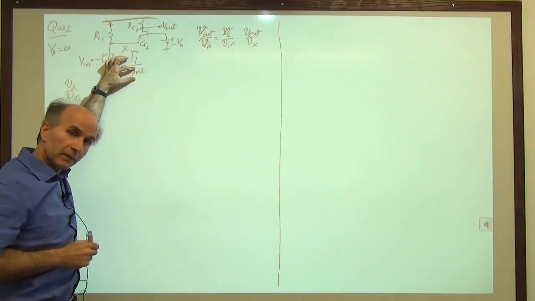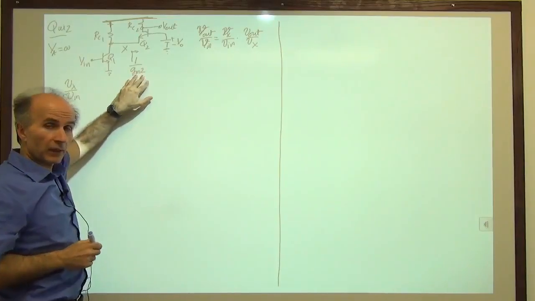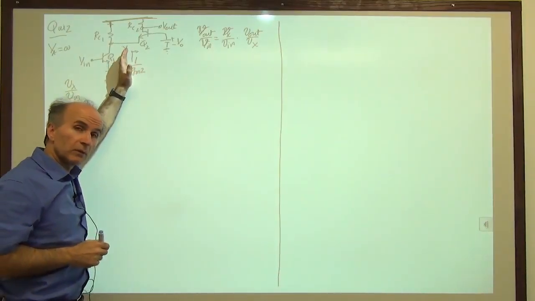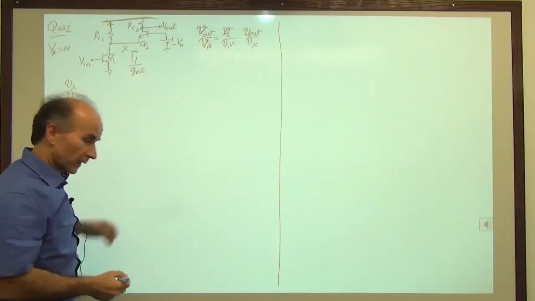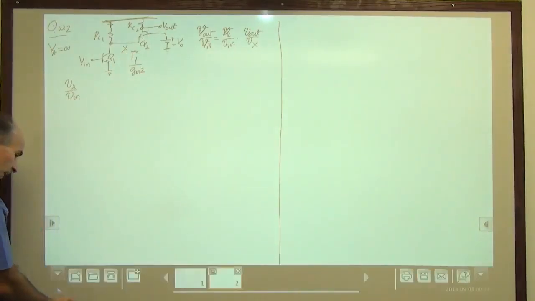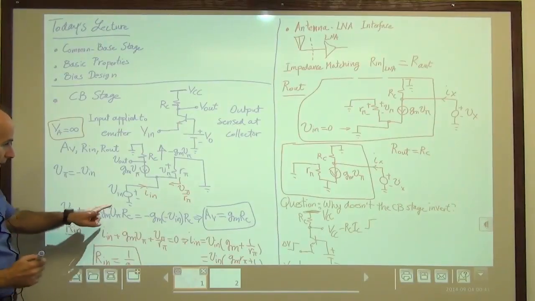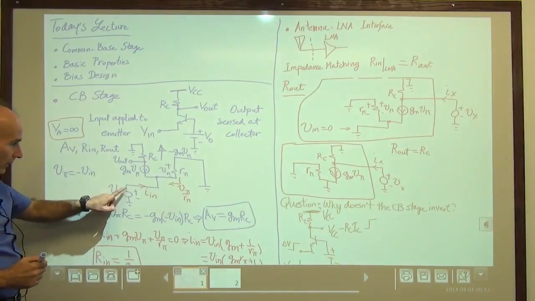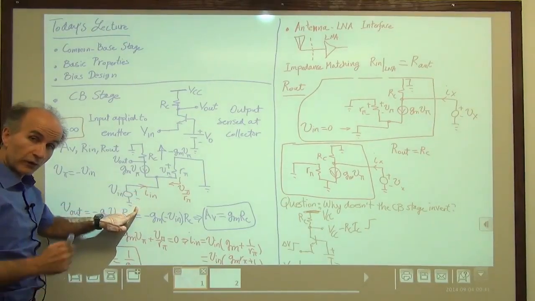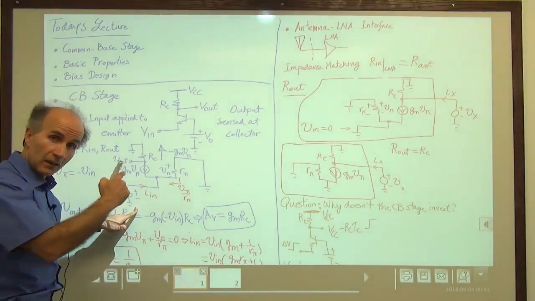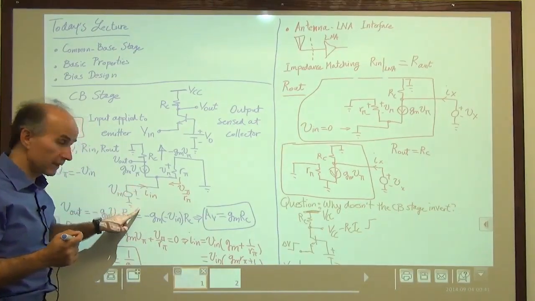Why parallel? Well, because when we calculated 1 over Gm2, how did we find it? We found it with respect to ground, right? If you go back to the previous page, you can see that this is how we measure the input impedance. We measure the impedance between this node and AC ground. So the resistance obtained is tied between this point and AC ground.